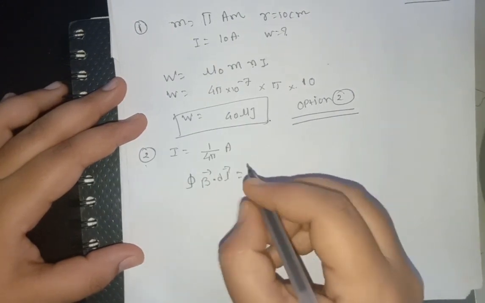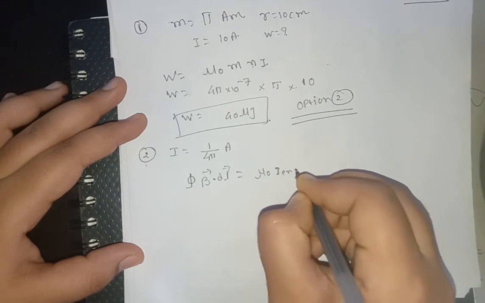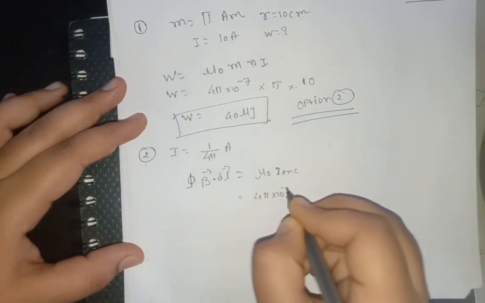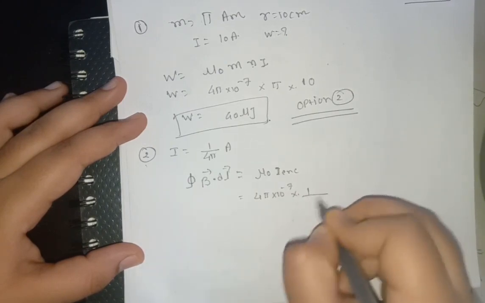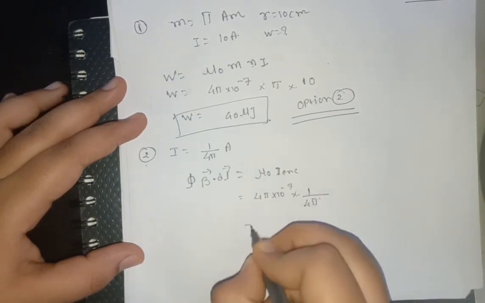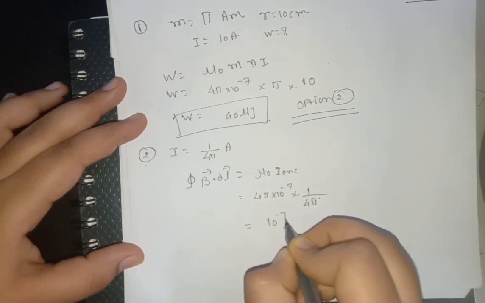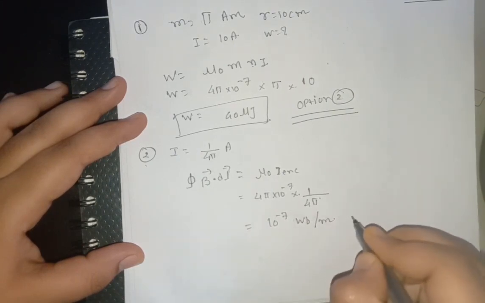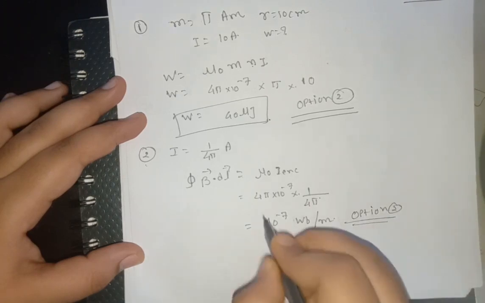The B dot dl is given by mu naught I enclosed. Mu naught is 4 pi into 10 power minus 7, and I enclosed is 1 upon 4 pi. So the integral will be 10 power minus 7 Weber per meter. So option 2 is the correct option.